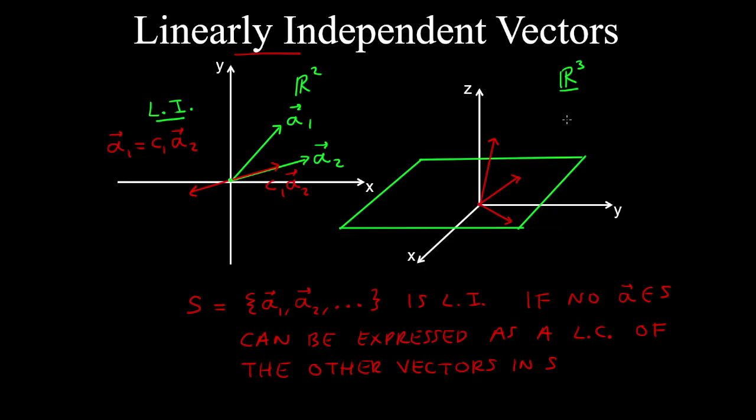These 3 vectors are linearly independent because they don't lie on the same plane. Suppose this vector is A1, this one is A2, and this one is A3.